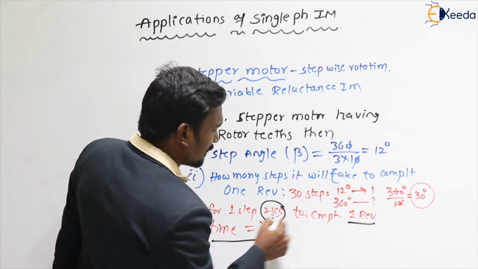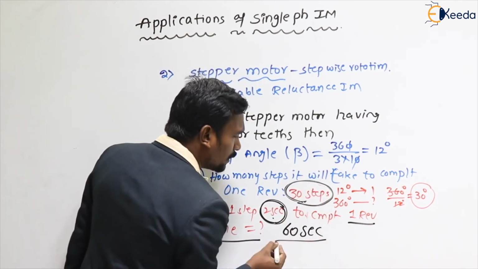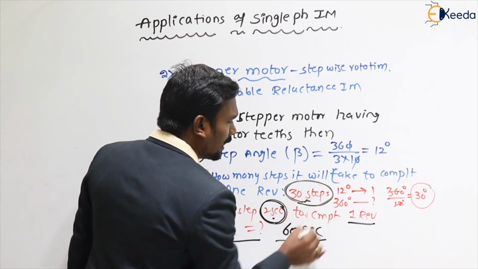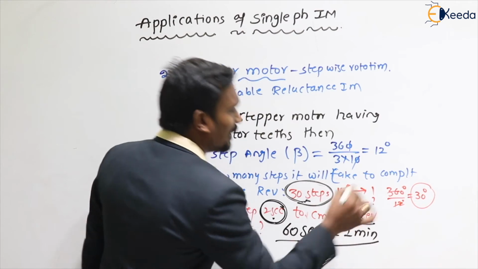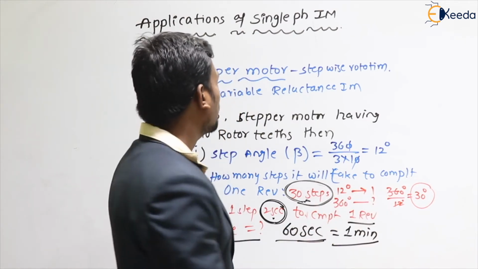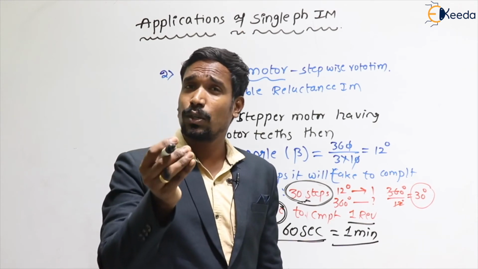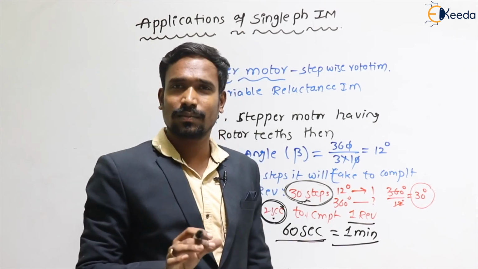For one step 2 seconds, for 30 steps, it will take 2 times 30, nothing but 60 seconds, nothing but 1 minute. It will take 1 minute to complete one revolution. Like that, this is about the stepper motor or variable reluctance motor.